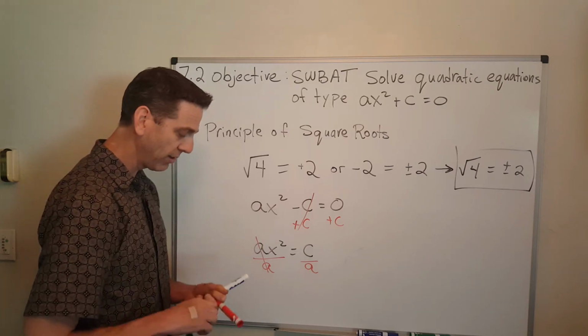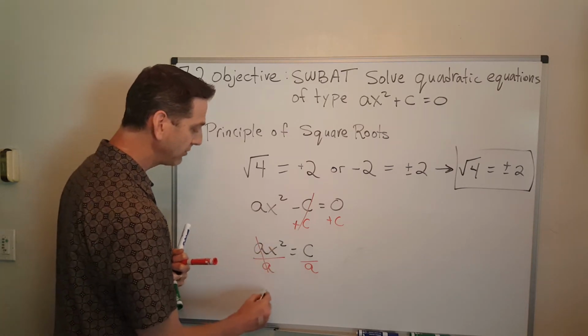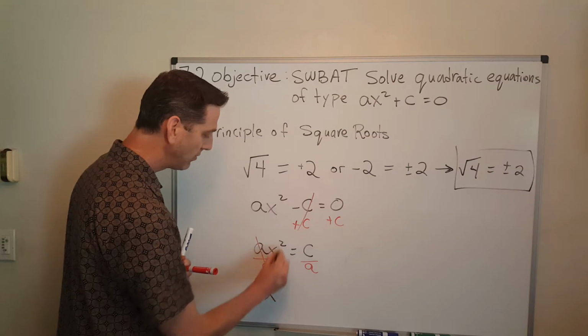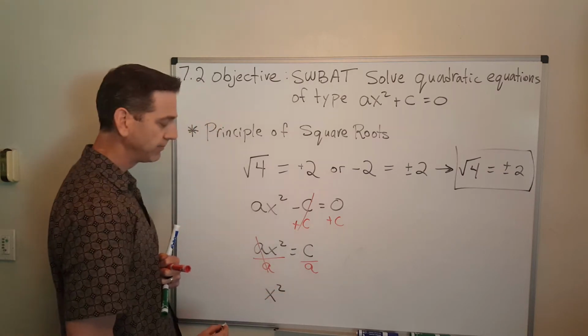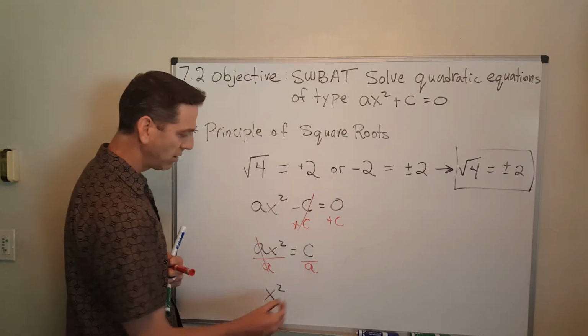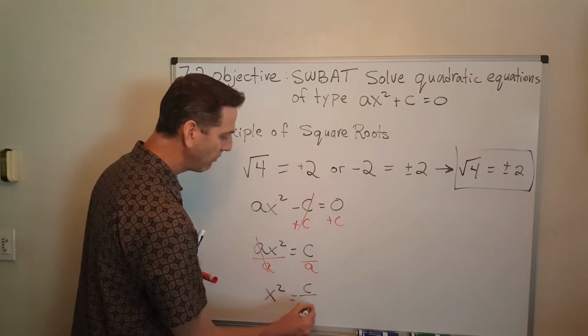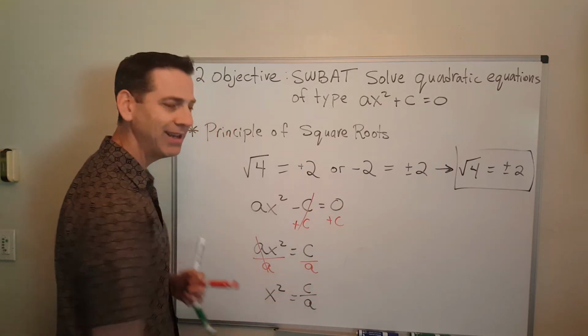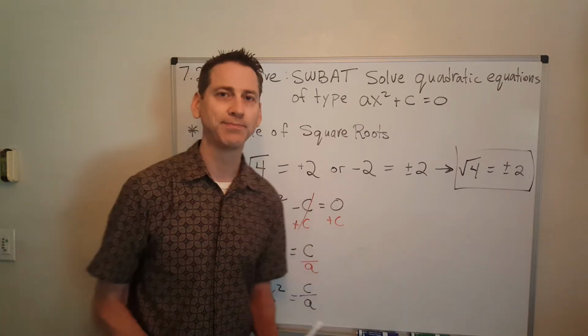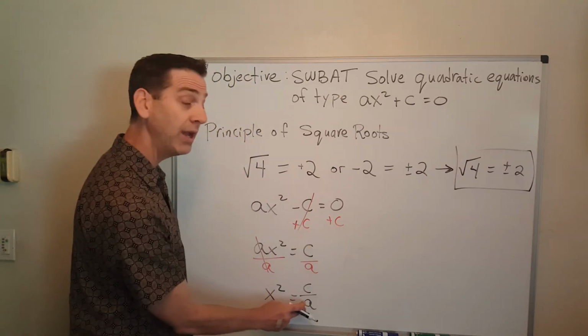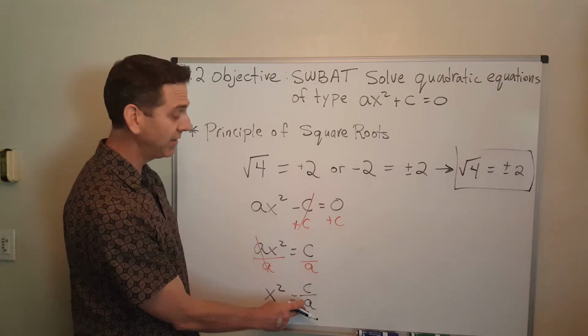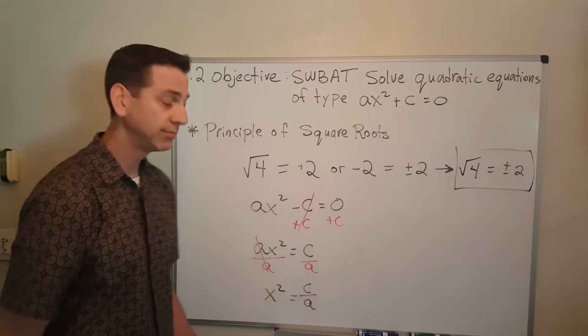I'm left with 1x squared, or just x squared, equals c over a. c and a are just constants. Many times a will be 1, and when it is, you'll just have c.